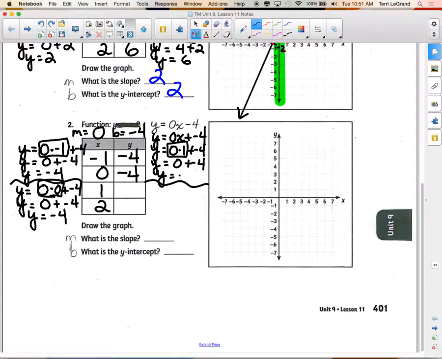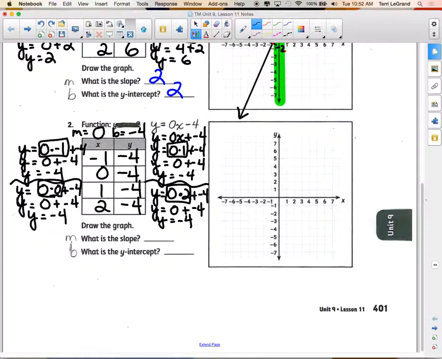I am going to guess you could predict what it's going to be when x is 2. Y is going to be negative 4, because the same thing keeps happening. When we take the input times 0, what do we get every time? 0. And when we add that 0 to the negative 4, what do we get every time? Negative 4.